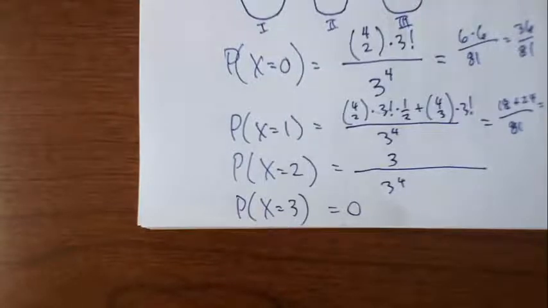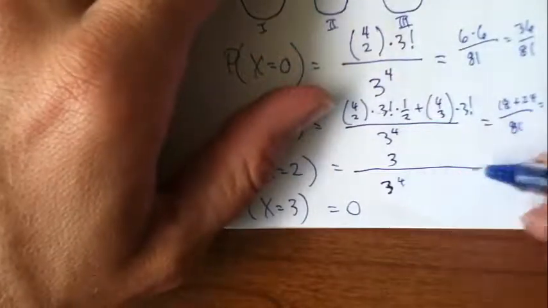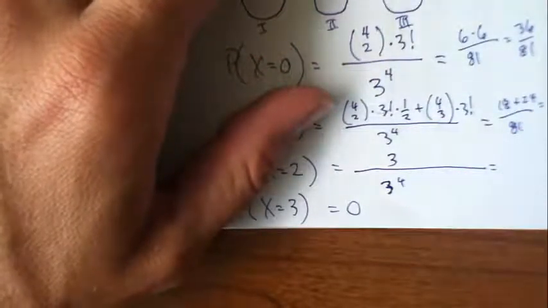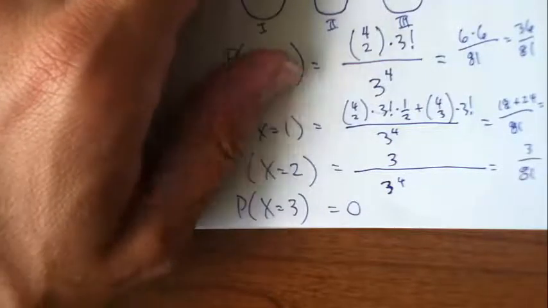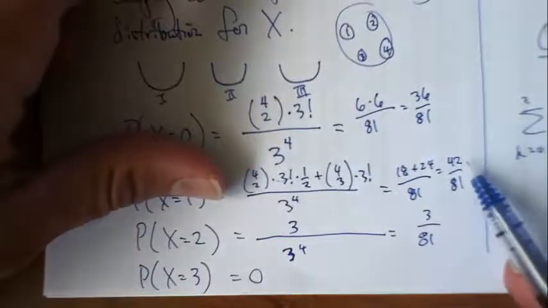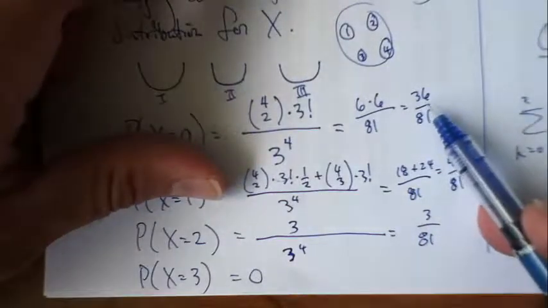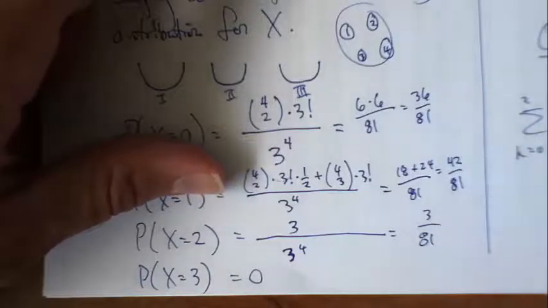Hope that's right. And then 3 over 3 to the 4th is just, well, let's keep it as 3 out of 81. And can you check that then? You get 3 plus 42 is 45, plus 36 is 81. That's 81 out of 81 if you add these numbers up. Very good. You guys are so smart.